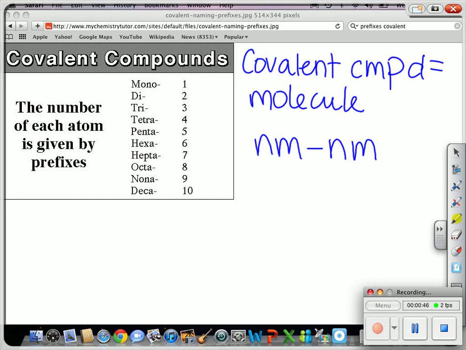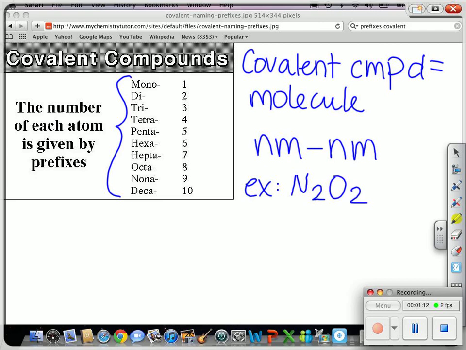So we're going to first start with how you go from the formula to the name. Then we'll talk about how you go from the name to the formula. Okay, going from the formula to the name is actually quite simple. All you need to do is know these prefixes for naming them. So say, for example, I have N2O2.